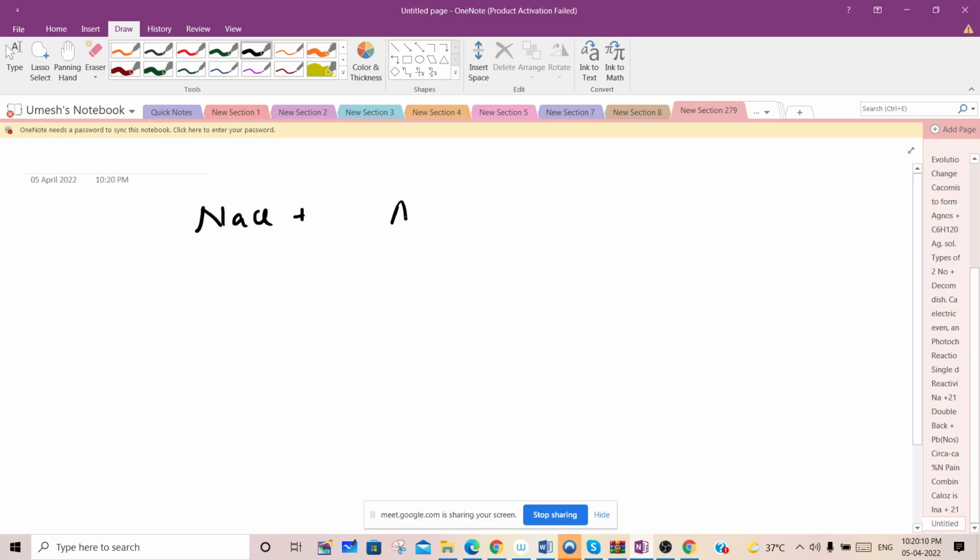Silver nitrate is AgNO3. Tell me the product here. AgCl plus NaNO3. Okay. Now you can write the physical state.